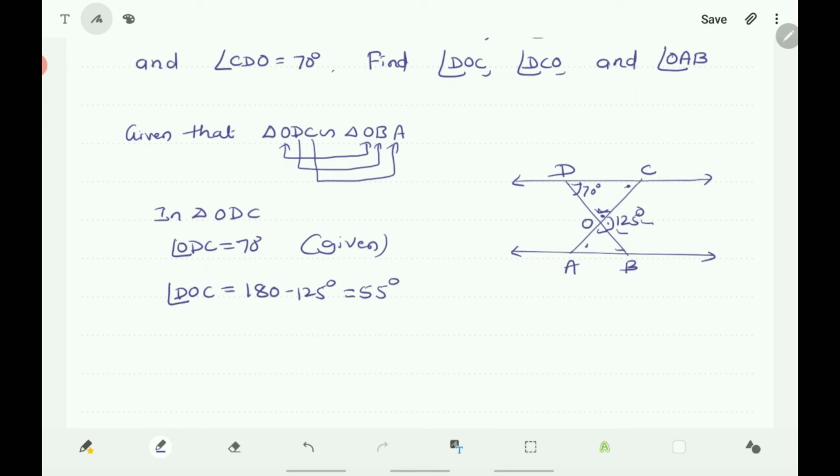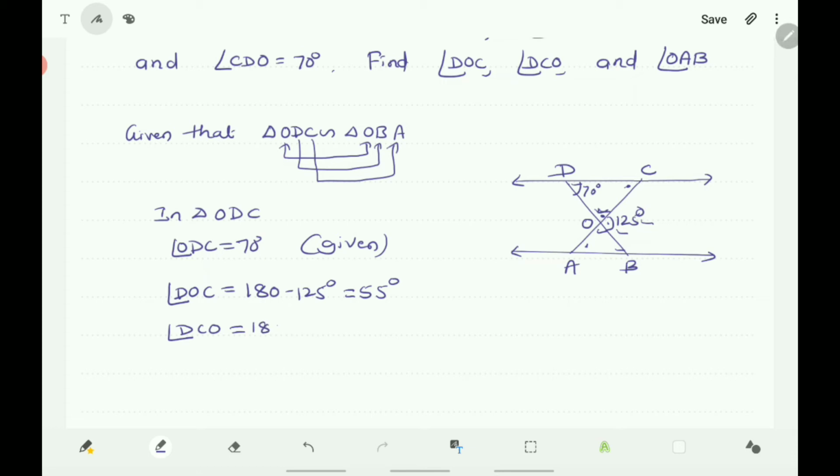And the remaining angle DCO, that you can get by using the angle sum property of the triangle. You know that sum of three angles of a triangle is equals to 180 degree.